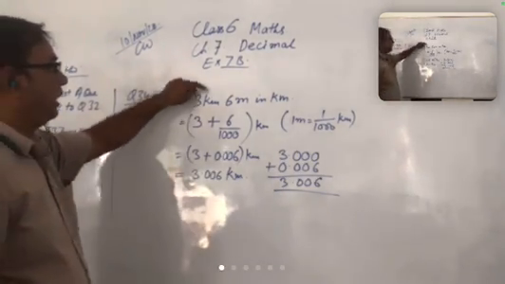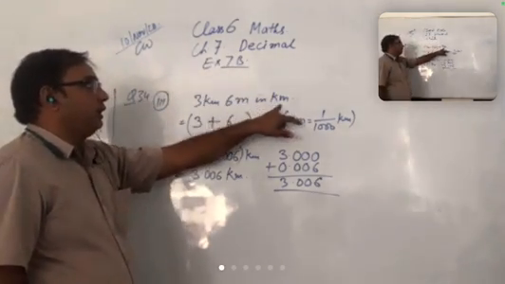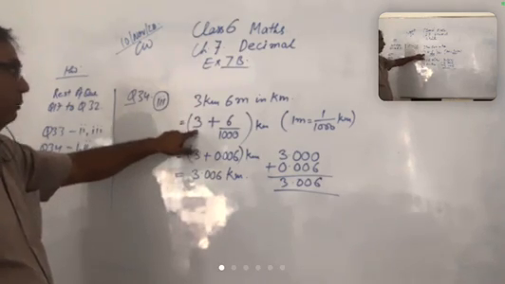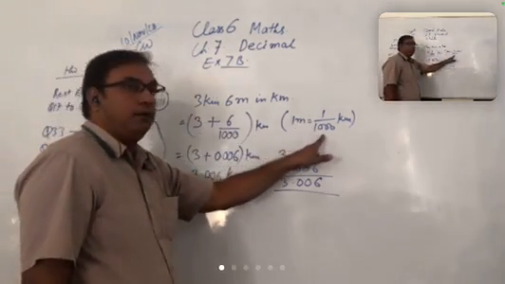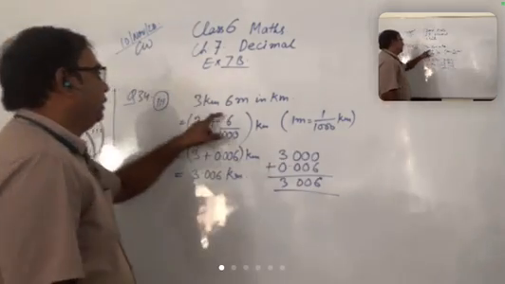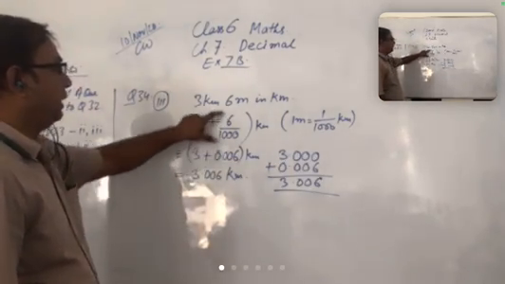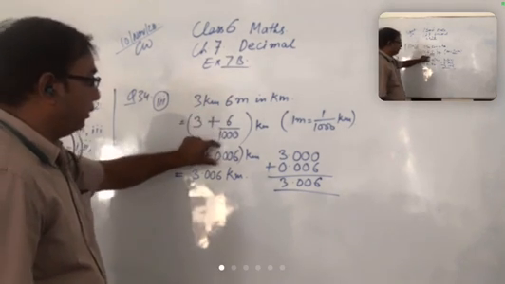So this is 3 kilometer 6 meter, and we have to convert it into kilometer. Then the kilometer is 3, the whole number, plus 6 meter, and we know that 1 meter is equal to 1 upon 1000 kilometer, so it will be 6 upon 1000. Then we write 3 plus, and we convert this decimal fraction into decimal.